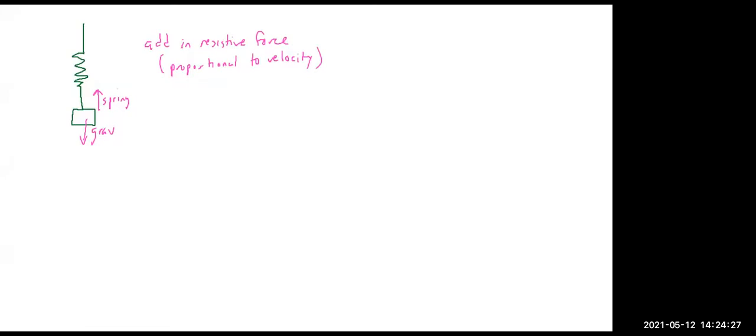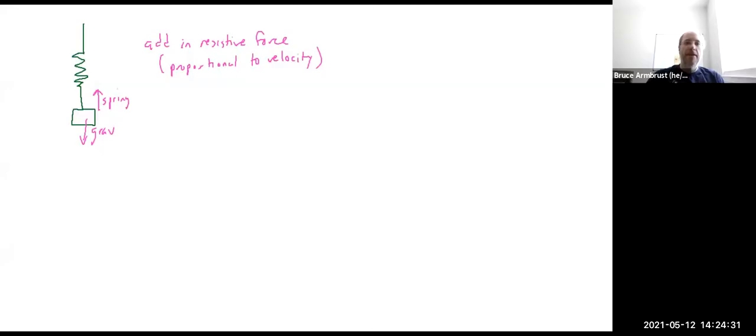A third force has been added, a drag force. We need a constant of proportionality. I'm not going to use k anymore. I know we tend to use that as our constant of proportionality, but we need to reserve that for the spring. So it's kind of standard to use gamma when we're having this conversation.